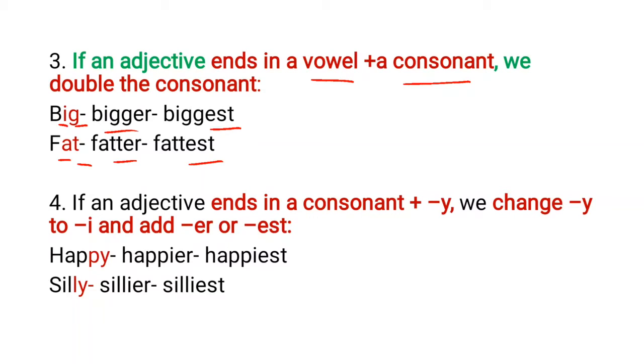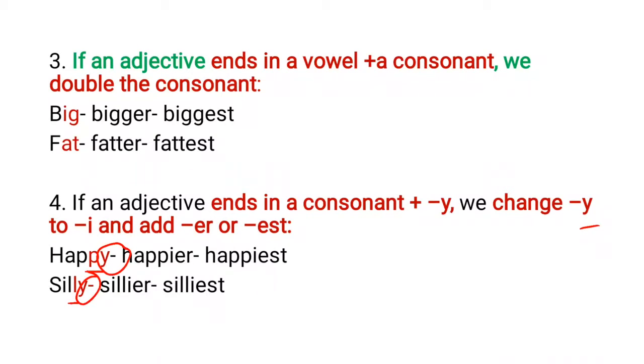Let's talk about the fourth rule. If an adjective ends in a consonant plus y, we change y to i and add er or est. Now, to understand this, let's look at the examples given. Happy and silly. In these two words, the consonants p and l are followed by y.